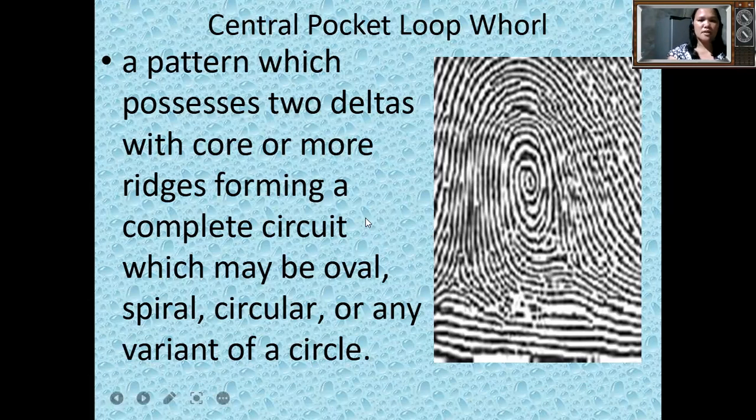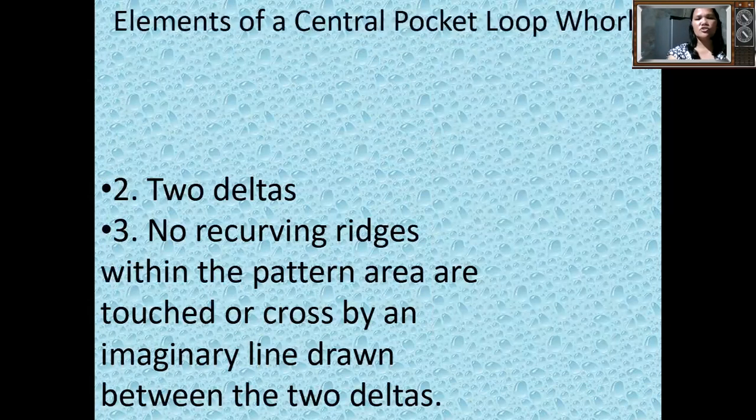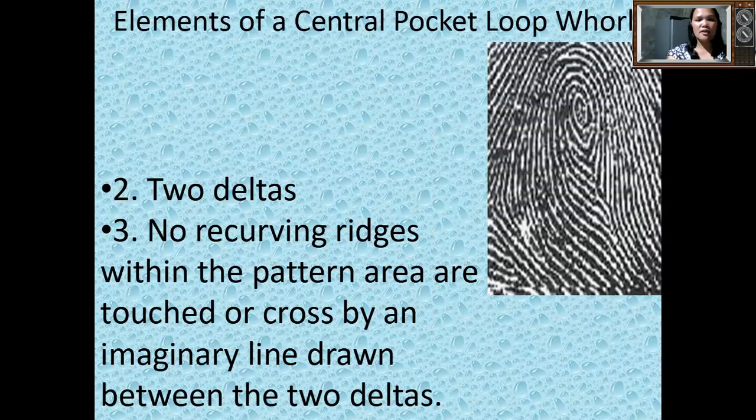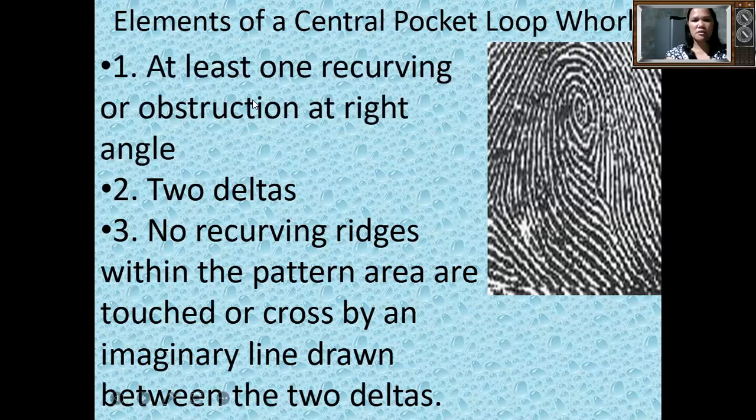Okay, now let's proceed with the different elements of a central pocket loop whorl so that you will be guided and you would be given an idea in the identification of a central pocket loop whorl. It states here that there is at least one recurving ridge or obstruction at right angle, and two deltas.